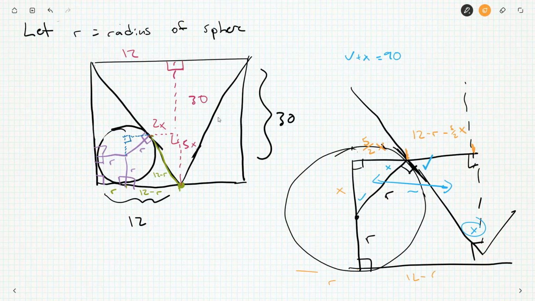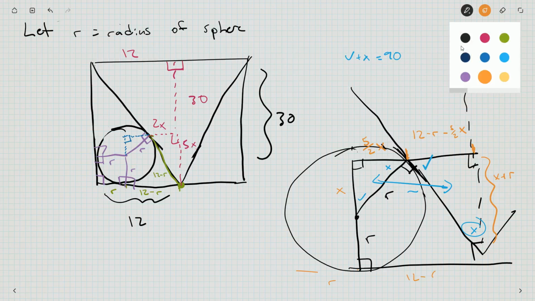And then if I multiply that by 5 over 2, I get this height here, but I already know that that's x plus r. So I think, and then either using the 12 minus r as the hypotenuse, or probably more likely the r as the hypotenuse, I can get another equation relating r's and these new x's, not the old x's. So I think that should do it.